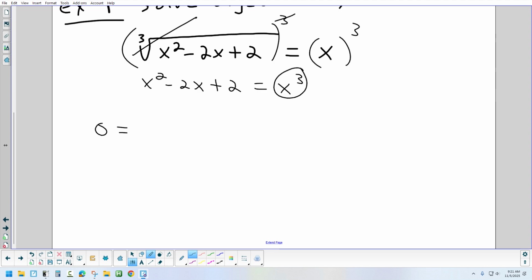So we're going to have x cubed, subtract the x squared, add the 2x, and minus the 2. Okay, so x cubed minus x squared plus 2x minus 2. Any question on that?